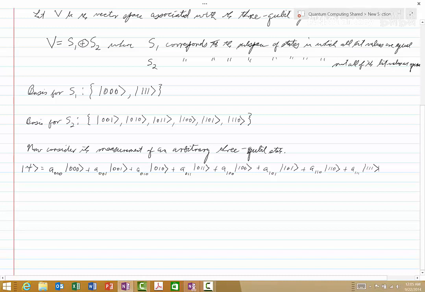And now when we measure C, we obtain U, and U will be as follows.